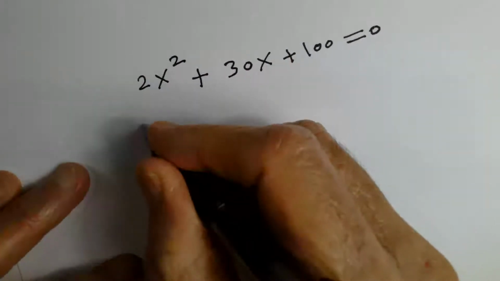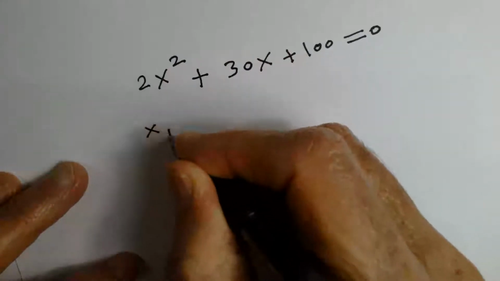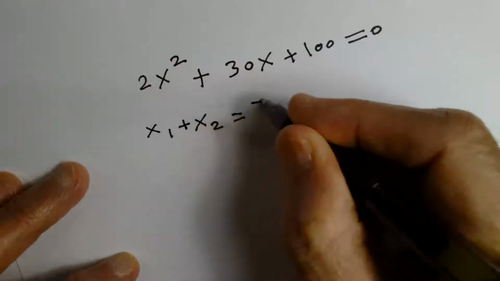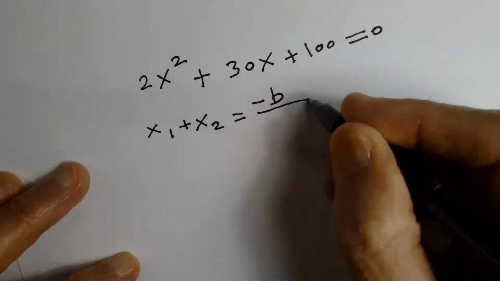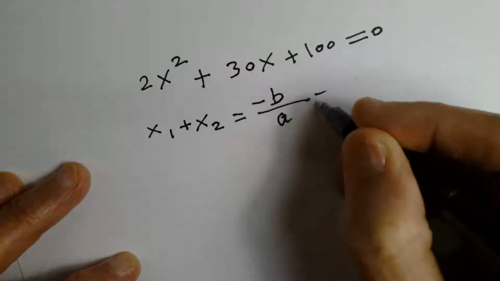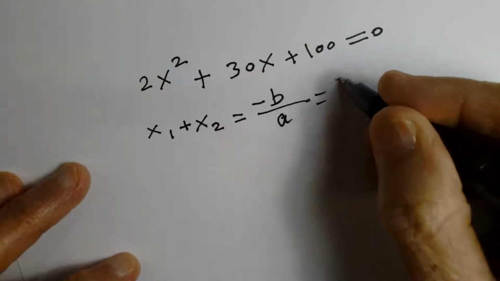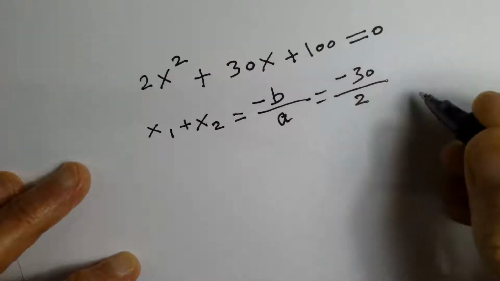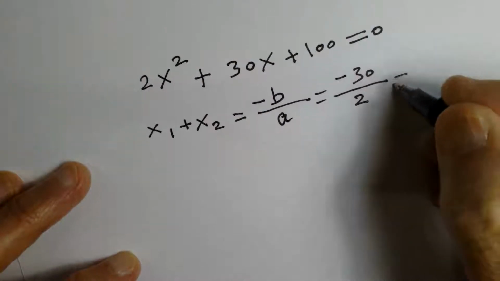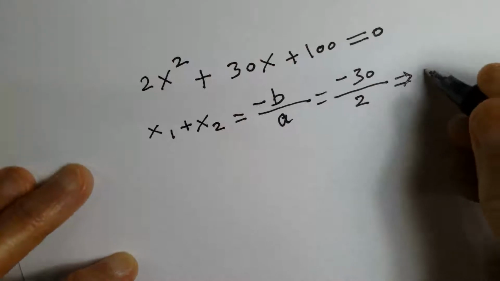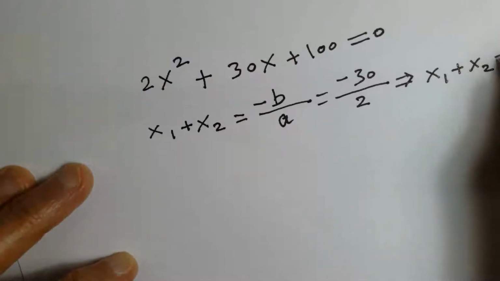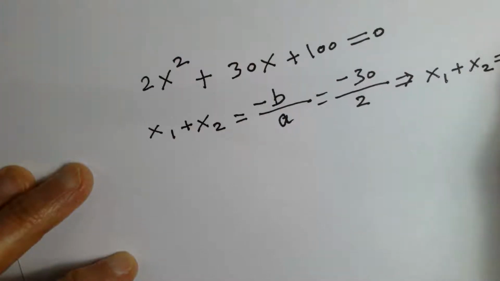Then x1 plus x2 is equal to minus b by a, equal to minus 30 divided by 2. Therefore, x1 plus x2 is equal to minus 15.